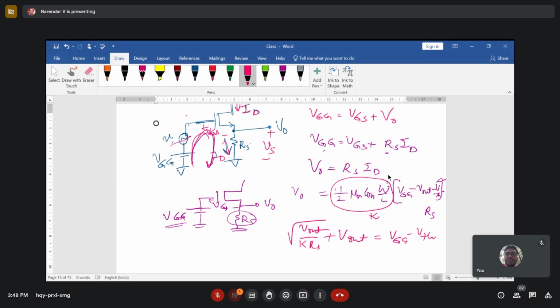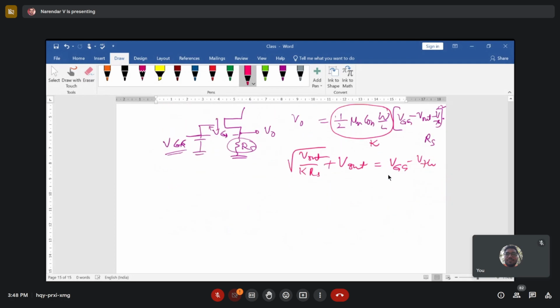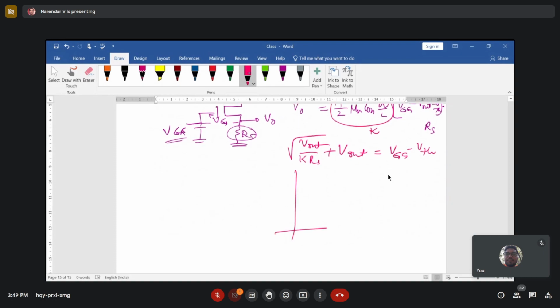This is what you see when you draw the plot of V output versus V input. When V input is equal to VTH, you see nothing. When it crosses VTH, you see a linear variation between V input and V out. This is the point called VTH.